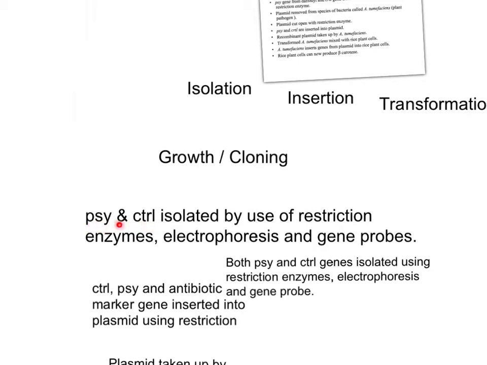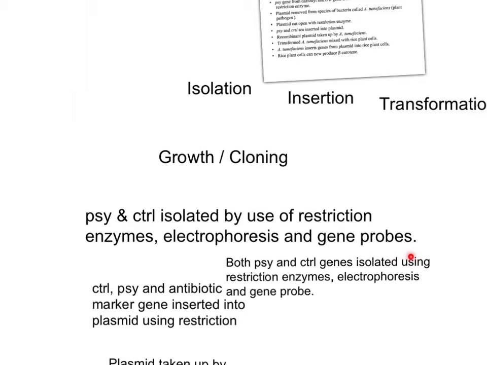These two genes, PSY and CTRL, will be isolated, this from daffodil or maize and this from the soil bacterium, using restriction enzymes. We would cut up the genomes of those organisms into different size fragments, which we then separate by electrophoresis, and then locate the genes we're looking for using gene probes. That's how we would go about isolating the genes.